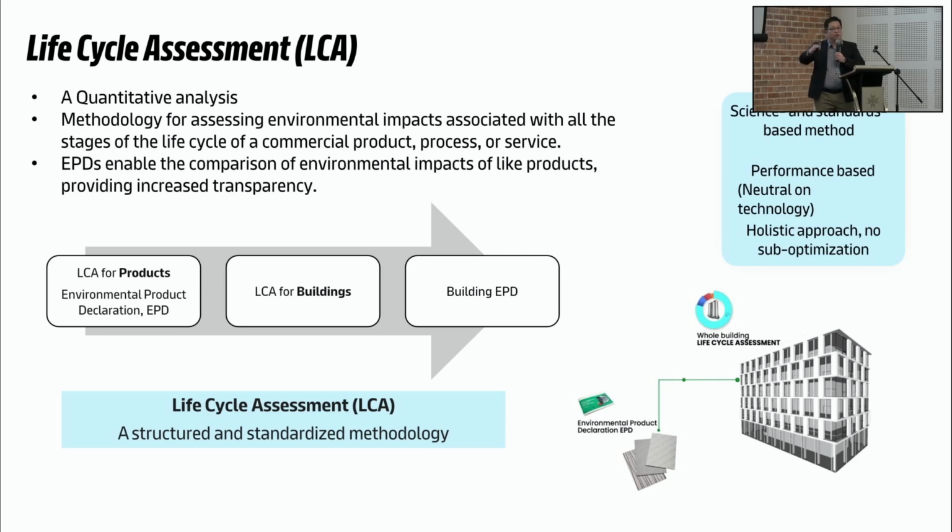It has a structured method to assess, measure, and evaluate materials associated with all the stages of the life cycle, from the raw material of the product, production, sending out to the project site, construction, disposal, and recycling, the whole life cycle of the product, right? So it is a science-based standard, performance-based, neutral on technology, and very often a holistic approach, okay? No sub-optimization.